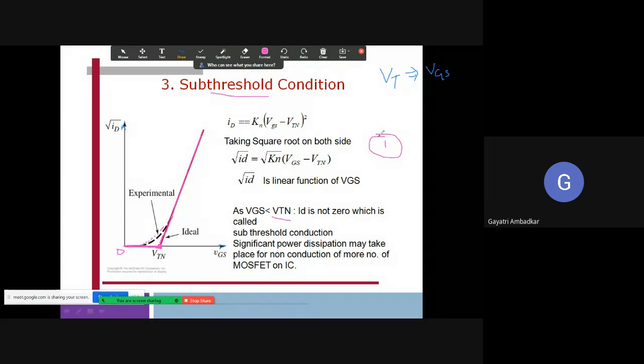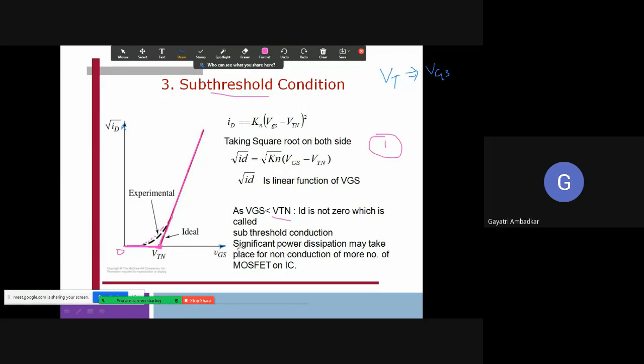But when you connect multiple MOSFETs together, these small currents get added, and the current which is flowing will be sufficiently higher. And when such current flows, significant power dissipation takes place.